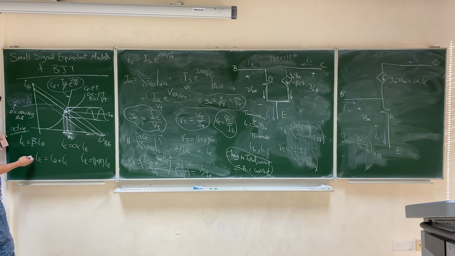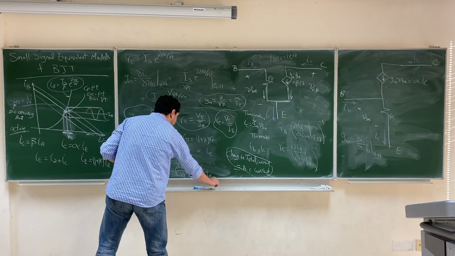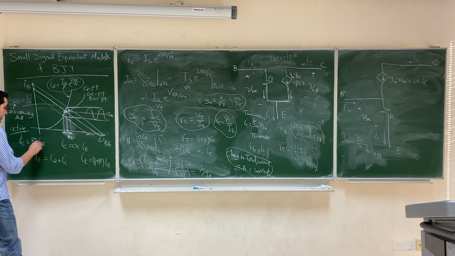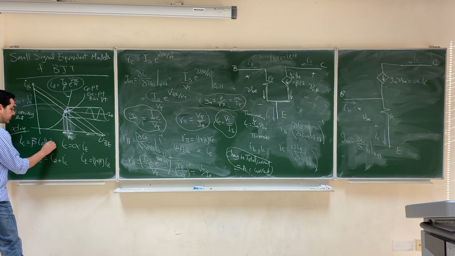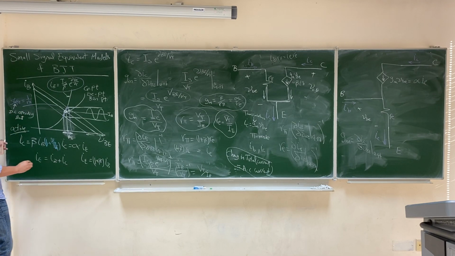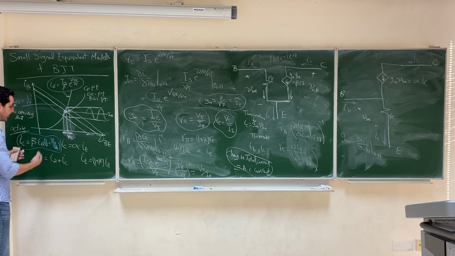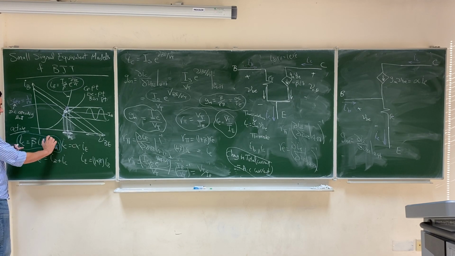Usually to represent early effect, we include a factor here, which is, let's write it in another color, a factor 1 plus VCE divided over the early voltage, right? So we said that this is the practical equation of IC that includes the early effect. This is a constant I base, this is without early effect. If you want to include early effect, you have to multiply by this bracket, 1 plus VCE over VA.